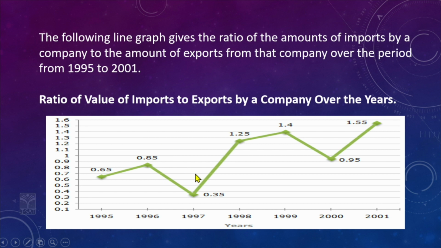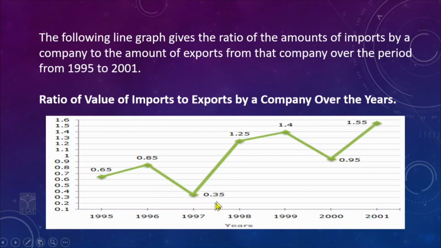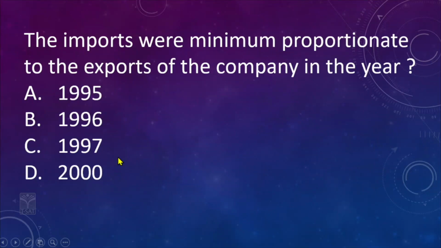Now, see the question. The imports were minimum proportionate to the exports of the company in which year? In which year is the ratio very small? In 1997 the ratio is very small, it is 0.35. So we can say the required answer is 1997, clear?